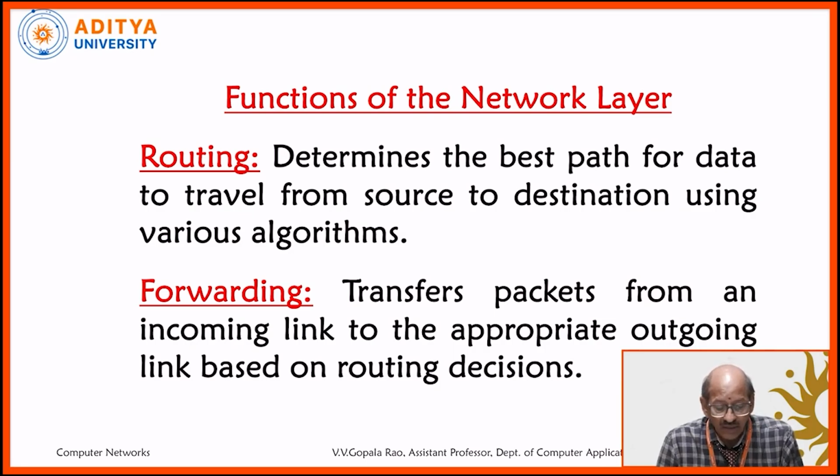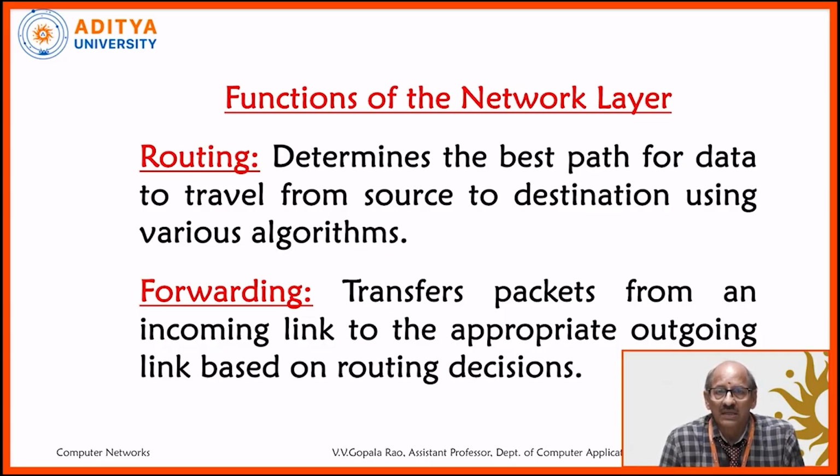That is why the network layer is limited to the local network basically, but even then it has to do many activities which are listed like this, and among all these the primary function is routing.